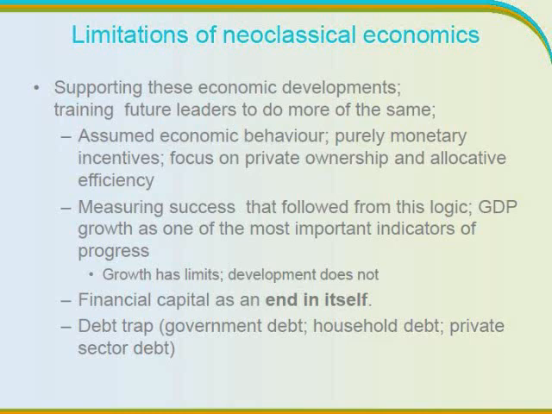Financial capital as an end in itself is also something that came clearly through the presentations. And then the debt trap that we are in, from household debt, private sector debt to government debt, fueling, again, the financial purpose.